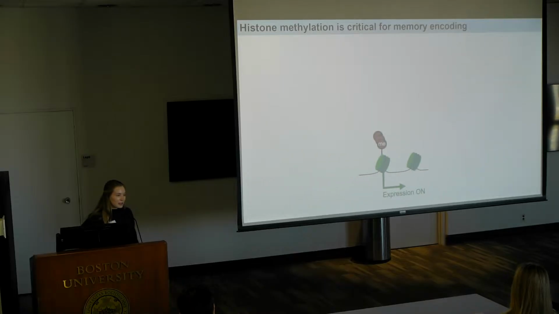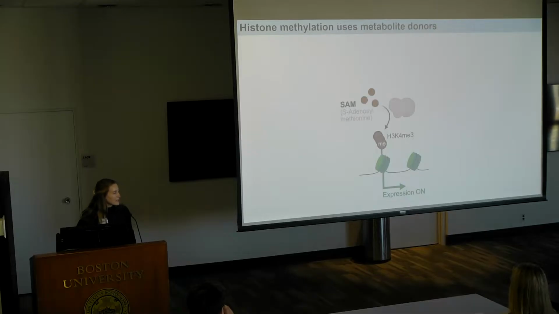Histone methylation can occur on arginine or lysine residues on histone tails. Here again, I'm showing that activating mark K4 trimethyl, and certain subclasses of methyltransferases put on these modifications. And histone methylation is intricately linked to metabolism, as S-adenosylmethionine, or SAM, serves as the universal methyl donor.